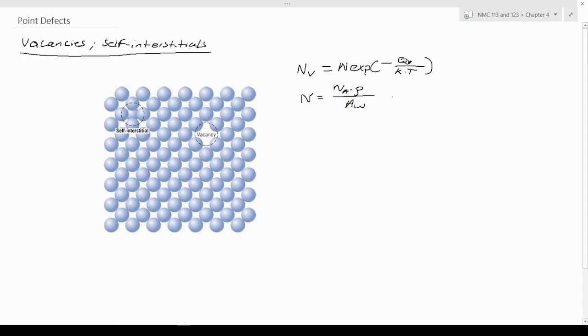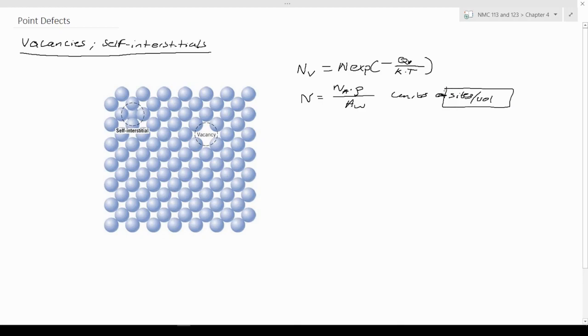Mostly this is the units for this. It's number of atoms or sites per volume.